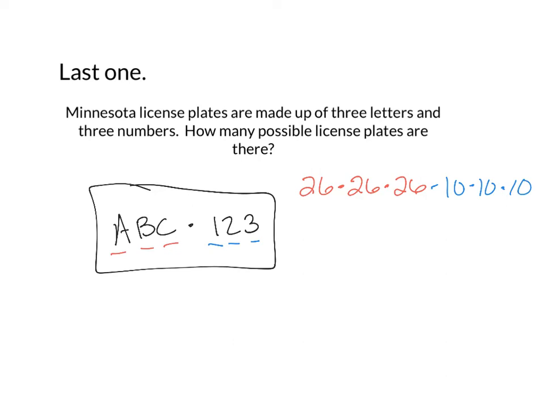So you're going to put in 26 times 26 times 26 times 10 times 10 times 10. Are you ready? This is a big number. 17,576,000 possibilities. Now, of course, there's other nuances with that, so that's not exactly the answer, but it works for the time being.